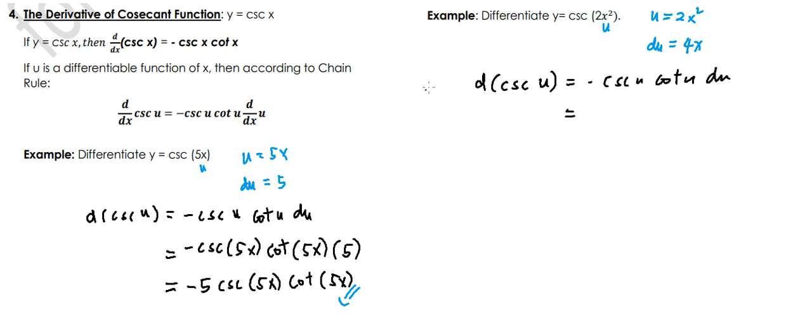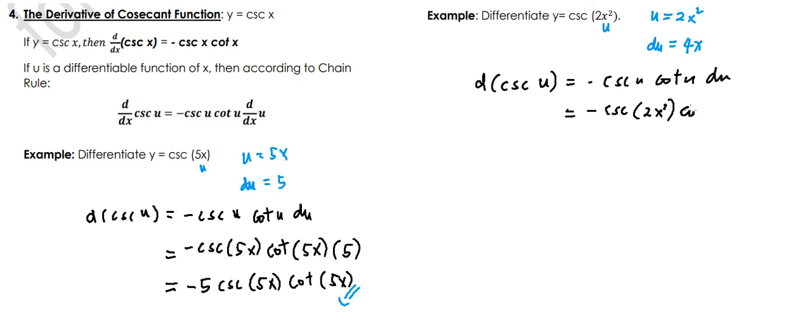Okay, basically, you need to substitute the values into the formula. Make sure you are familiar with these formulas, or in short, you need to memorize them. So we have negative cosecant u, our u here is 2x squared.